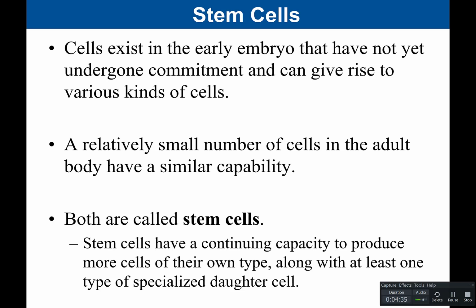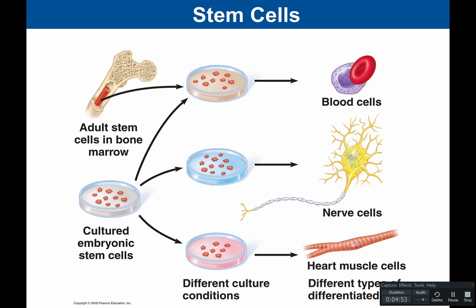An example of this would be stem cells in the skin. Those cells have the potential to give rise to skin, to give rise to hair, etc. So those are stem cells. They can give rise to more of themselves as well as other types of cells. So this is just looking at different types of stem cells.